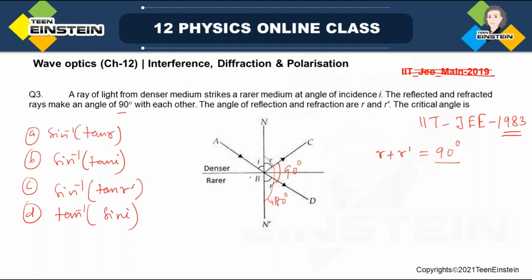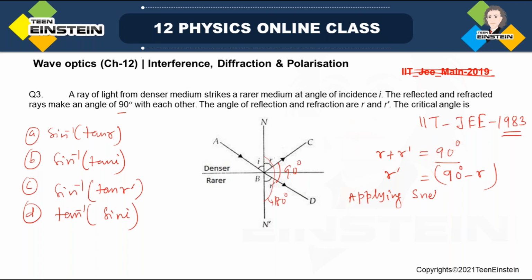So look here, we have got this relation. I can write r prime is the angle of refraction. Applying Snell's law, what we would be getting, because this is refraction.